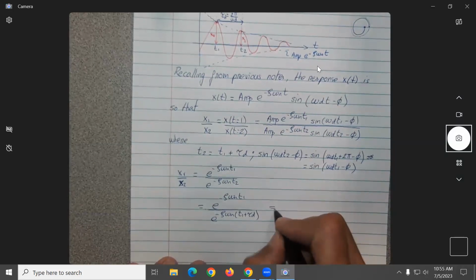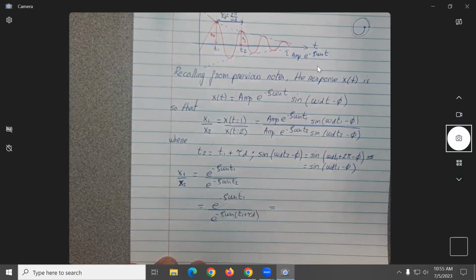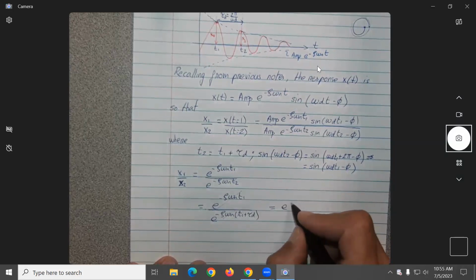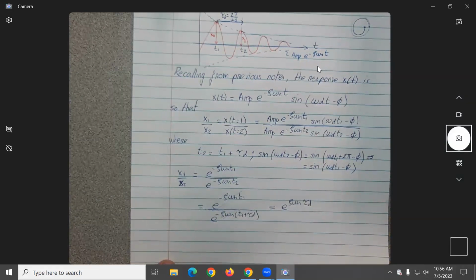And this will be equal to what? We should be able to cancel this term over here with this one. So we end up with the exponential of xi omega n times the period.